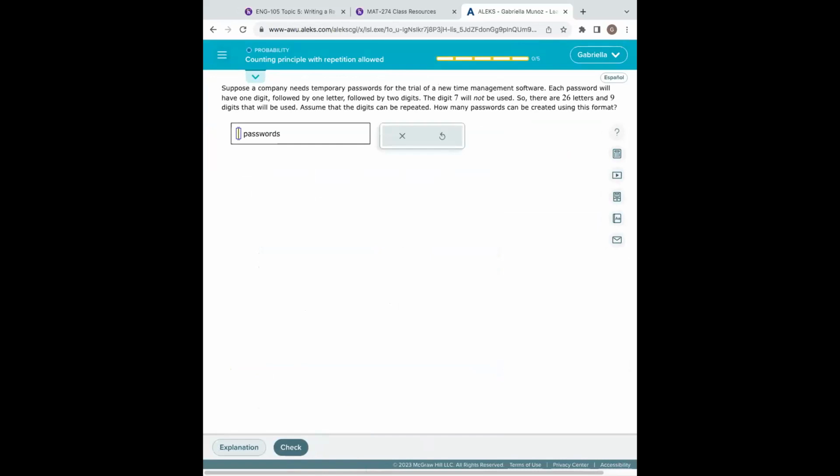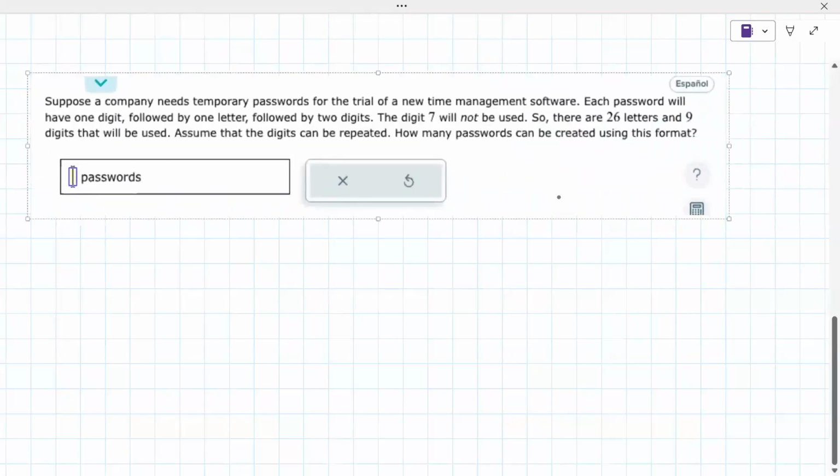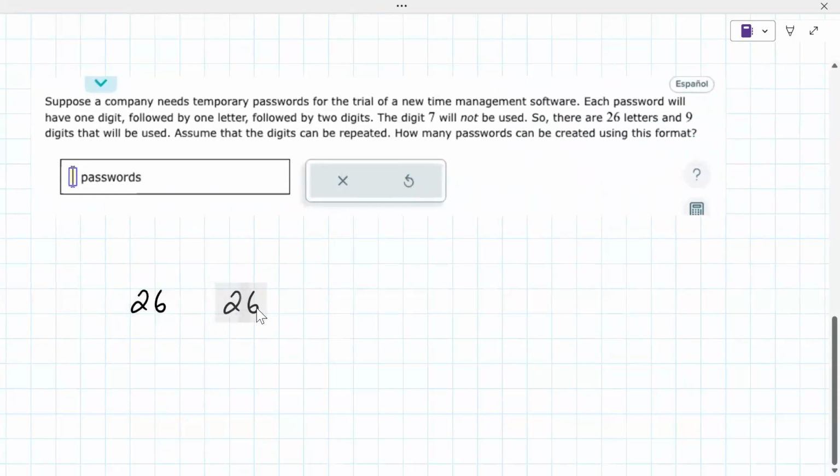All right. So it says each password has 1 digit and 1 letter followed by 2 digits. That's the part I've got to make sure I'm not missing, because that's what keeps causing the problem here. So 1 letter, there are 26 letters. I'm sorry. Each password has 1 digit. I keep misreading these. 1 digit, which is 9.